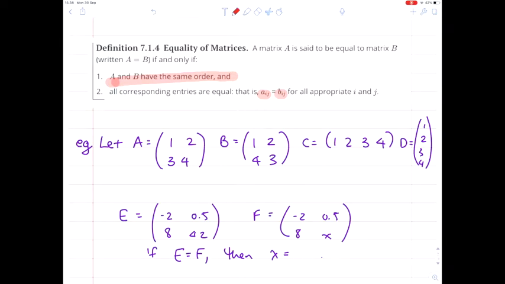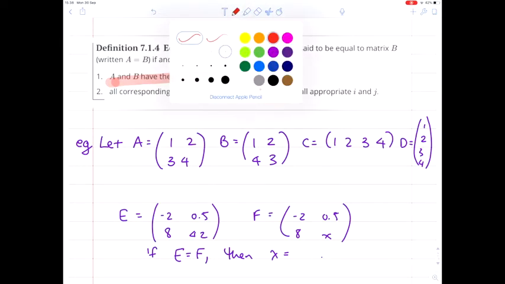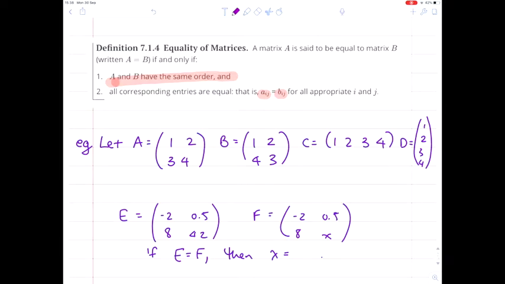So if we have a look at some examples over here, if we look at A is 1, 2, 3, 4 and B is 1, 2, 4, 3, well, they have the same order because this is a 2 by 2 and this is a 2 by 2. But if you compare like entries, so we look at A11, we compare it with B11, so we have A11 is equal to B11, so that's good. Now let's check A12, B12.